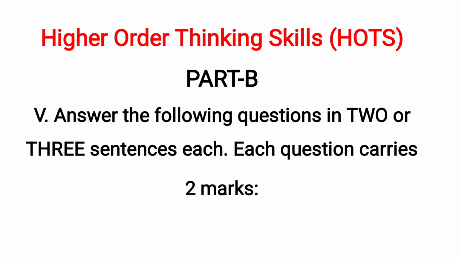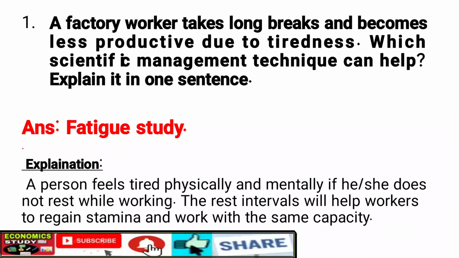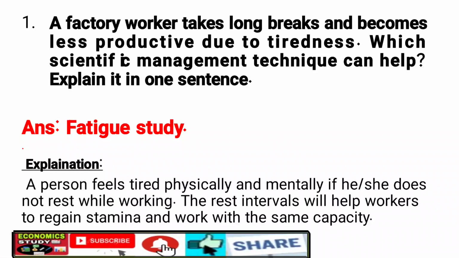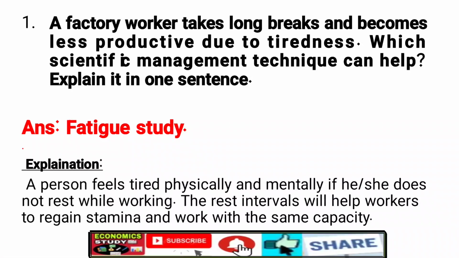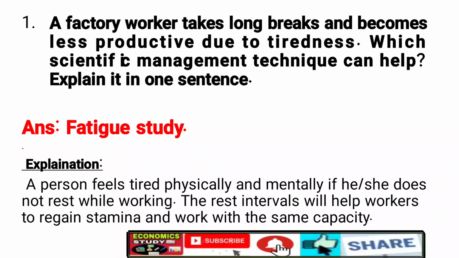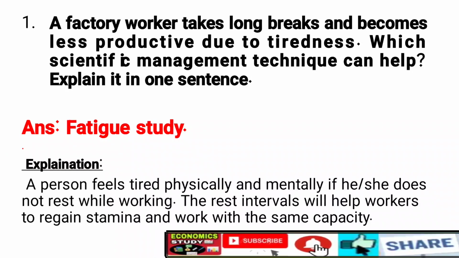Next, under HOTS questions, higher order thinking questions, part B. Answer the following questions in 2 or 3 sentences each. Each question carries 2 marks. First question. A factory worker takes long breaks and becomes less productive due to tiredness.